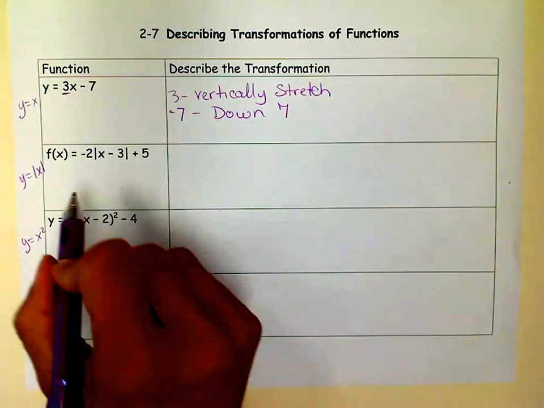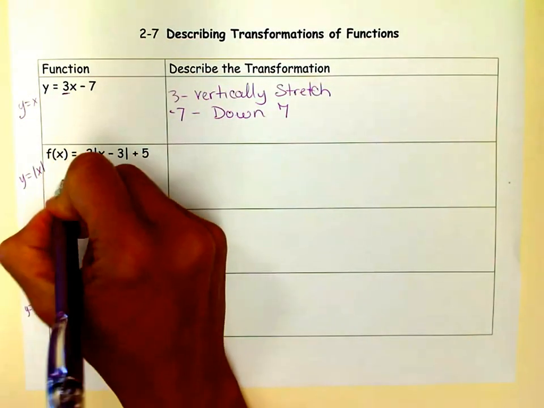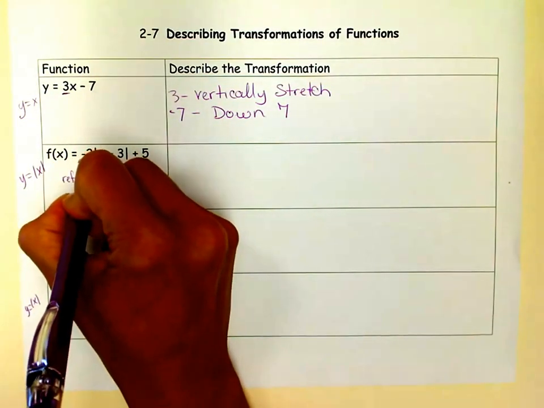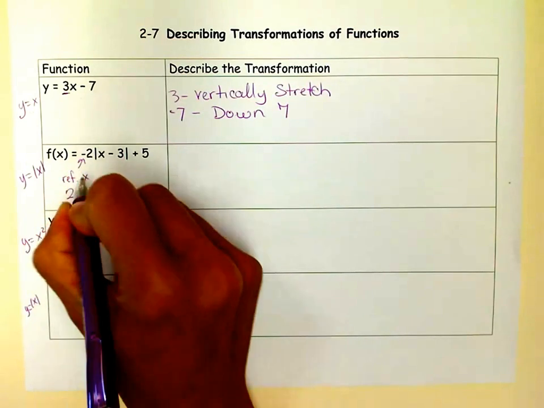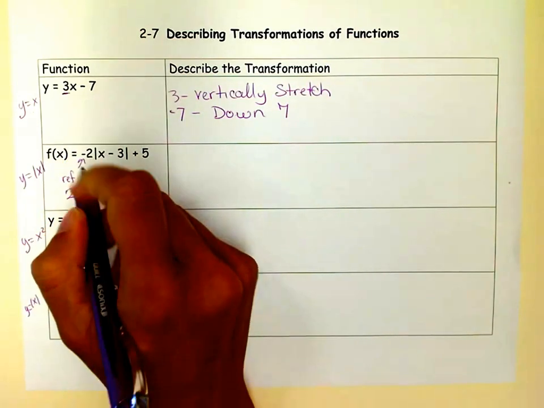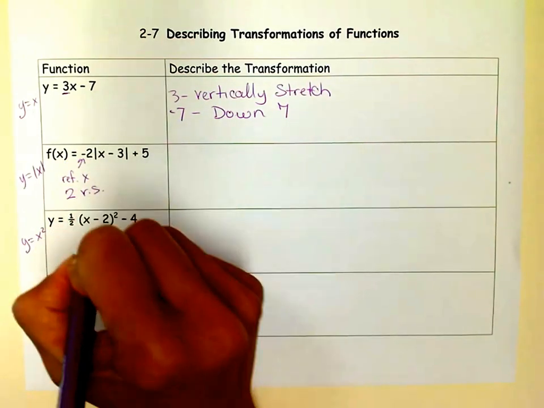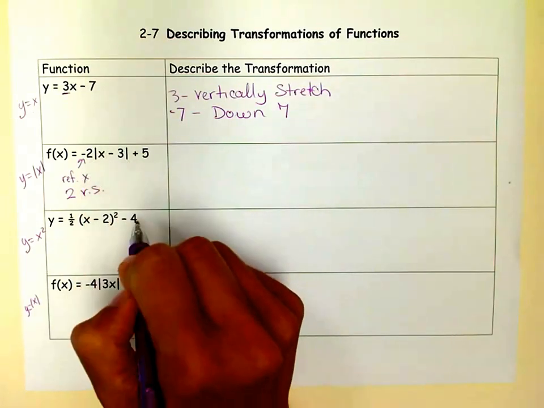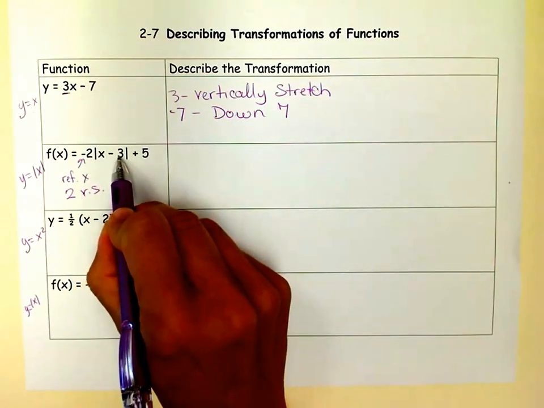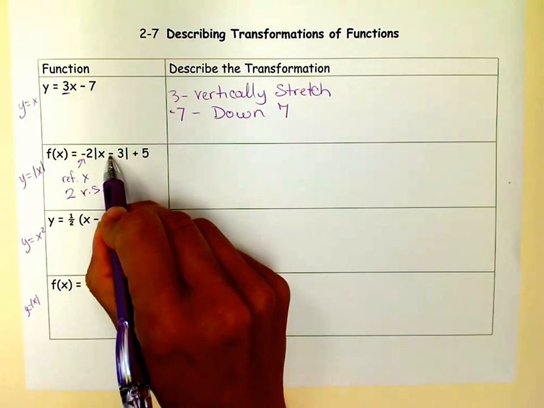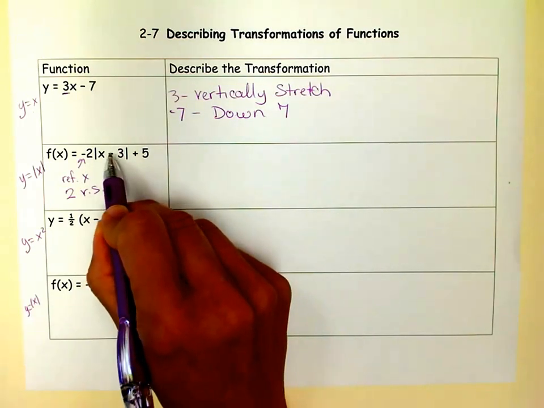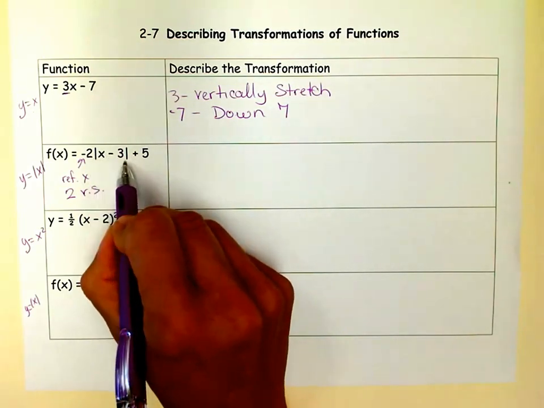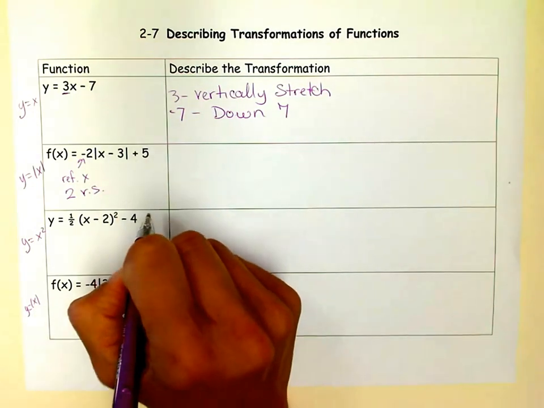Okay, over here, this negative tells me I reflected over the x-axis. The 2, just like in this one, tells me I vertically stretched. This 3, since it's inside the absolute value signs, tells me I moved right, because when it's negative inside the absolute value sign, it moves right. When it's positive, it moves left, or any kind of parentheses. And then this tells me I moved up 5.